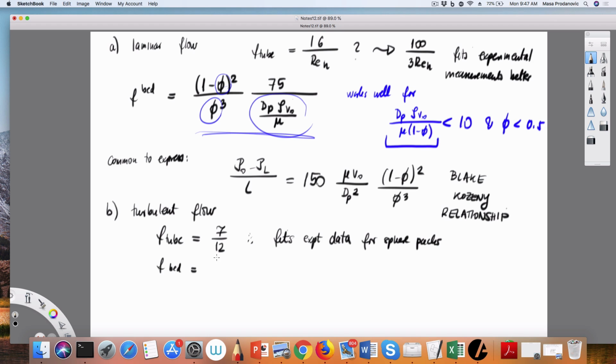So my F over bed is 7/8, 1 minus phi over phi cube. And that gives me pressure drop. Pressure drop is what I care about in the lab. Or rather, if it's going up, there's something wrong.